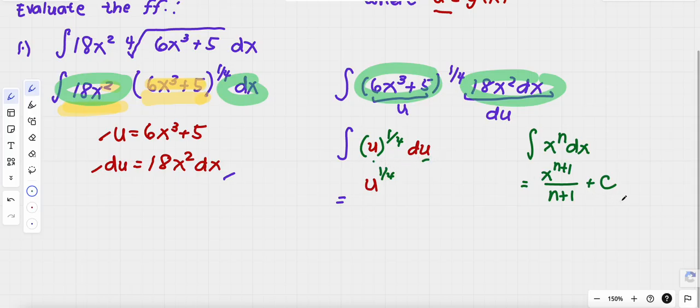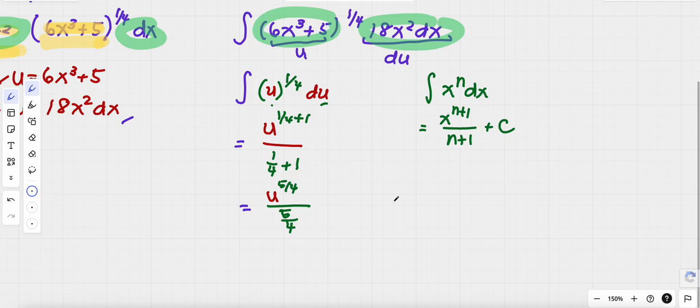We will not add plus c first. Okay, so let's proceed. So we have plus 1 over 1/4 plus 1. So what is 1/4 plus 1? You can rewrite it as 1/4 plus 4 over 4. So that would be 5 over 4. So that will be u to the 5 over 4 all over 5 over 4.